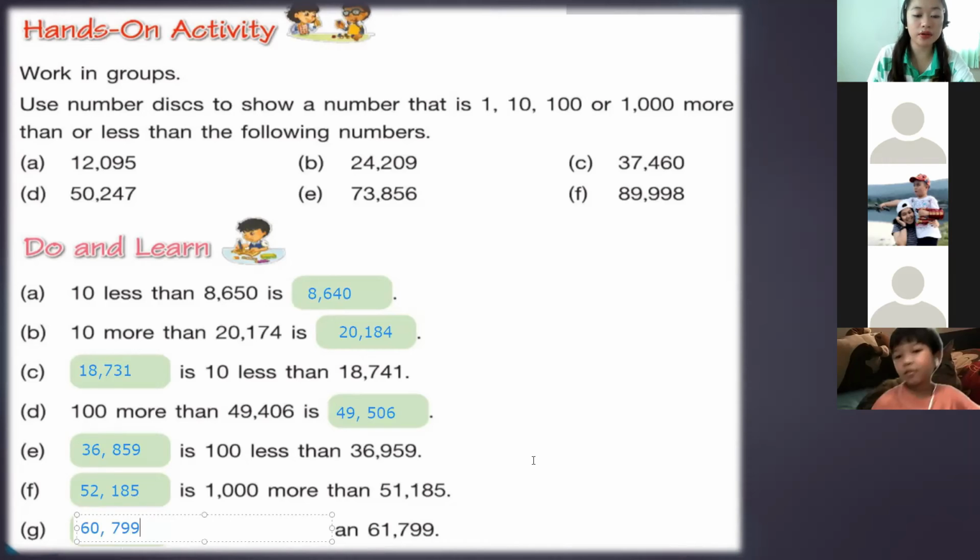So this is for letter G. 60,799 is 1,000 less than 61,799. Okay, so are you finished?